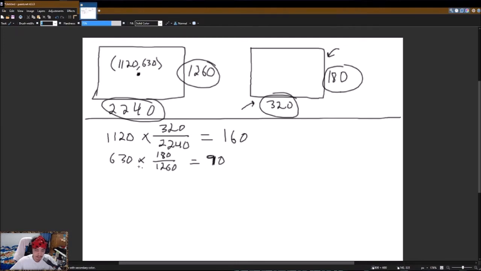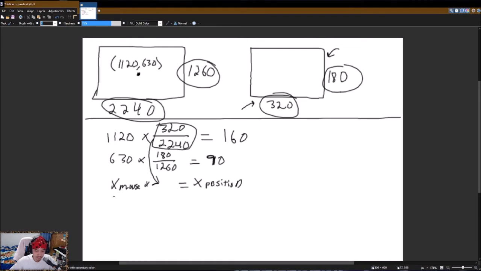And in general, this is of course x mouse times this value is equal to x position, the actual thing that I can control.